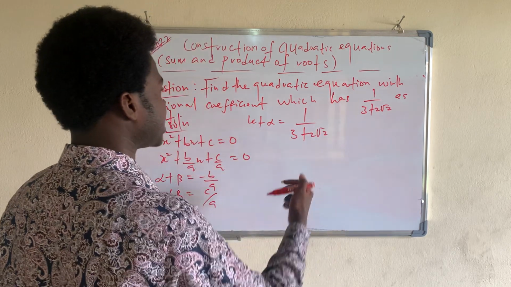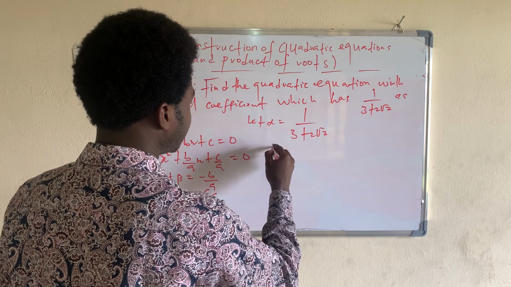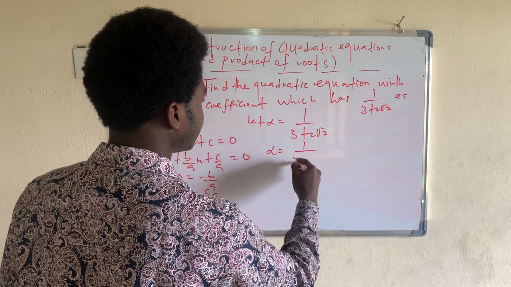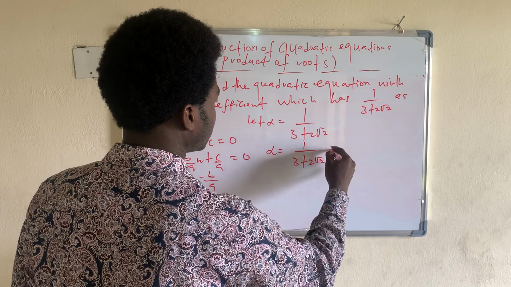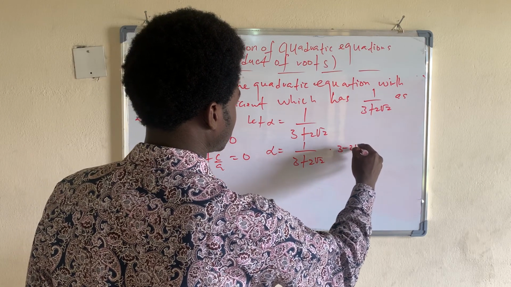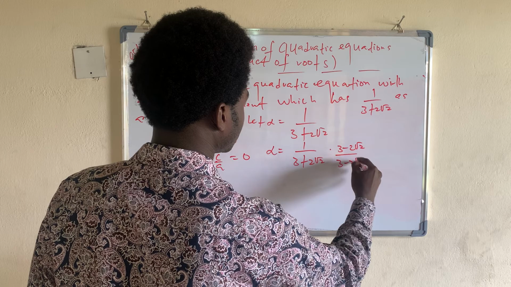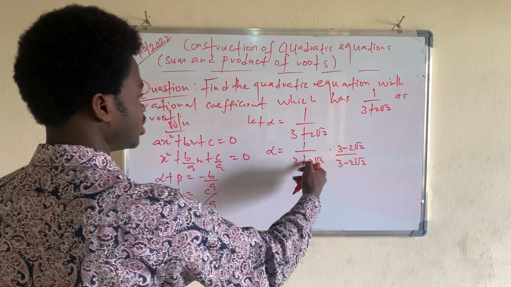I can express alpha in another way by rationalizing: α = 1/(3 + 2√2) multiplied by (3 − 2√2)/(3 − 2√2). We rationalize, so we take the conjugate of this.